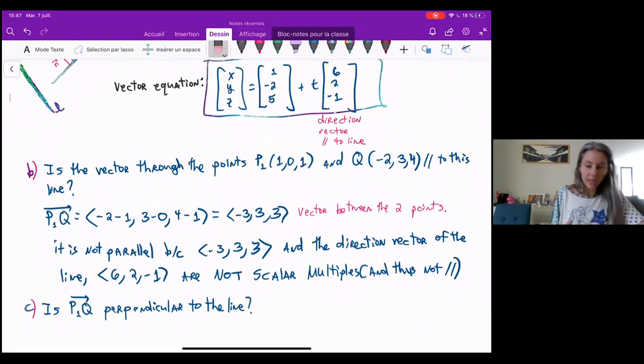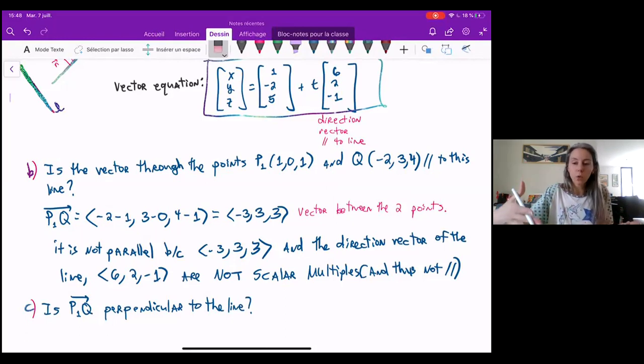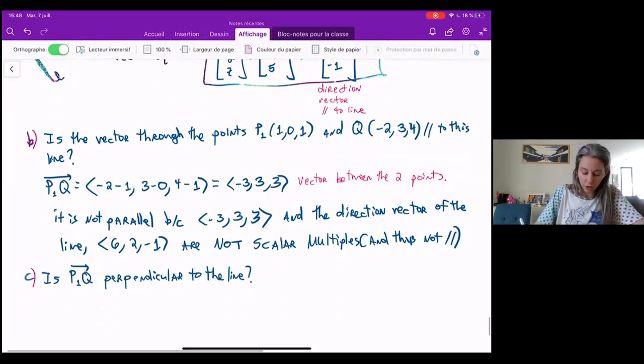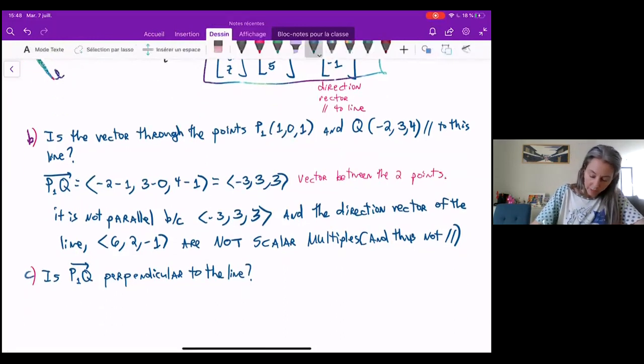And the answer here is, well, that depends on the dot product. Is this vector perpendicular to the direction vector? So to check this, we just need to check the dot product of this with the direction vector. So I'm going to call this vector right here D.